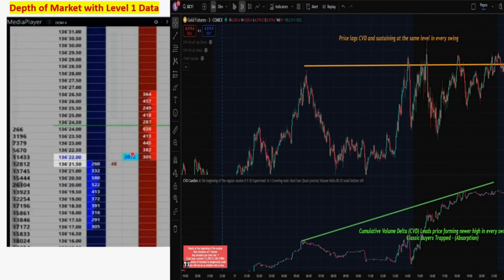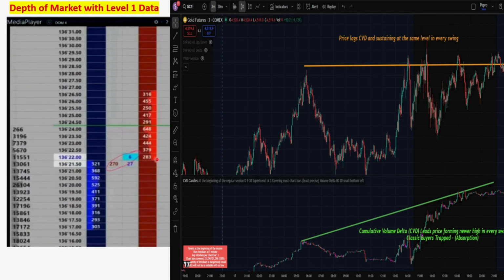But despite this large buying volume, the price doesn't move up even a single tick. On the other hand, on the passive sell side, we see large absorption, initially 2000 contracts and later again 2400, 2500 contracts, nearly 4500 contracts sold in total. The price never moves beyond a certain level.